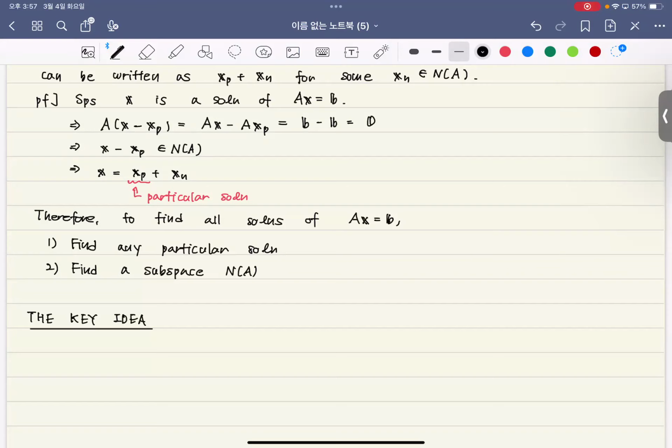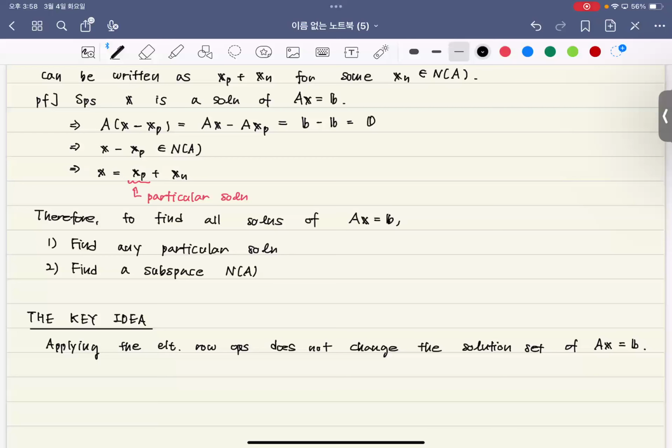Do you remember the elementary row operations? Applying the elementary row operations does not change the solution set, I mean the collection of every solution of the system Ax equals b.